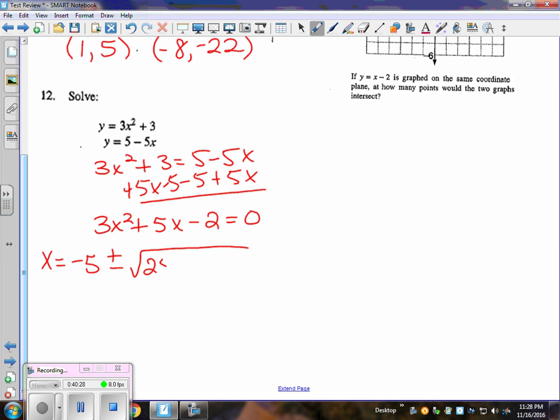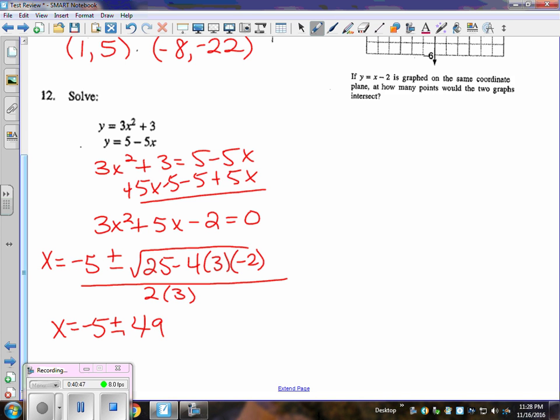So we've got, let's figure out what's underneath that square root. So we have a 25 minus 4 times 3 times negative 2. And that gives us a 49 all over 6.